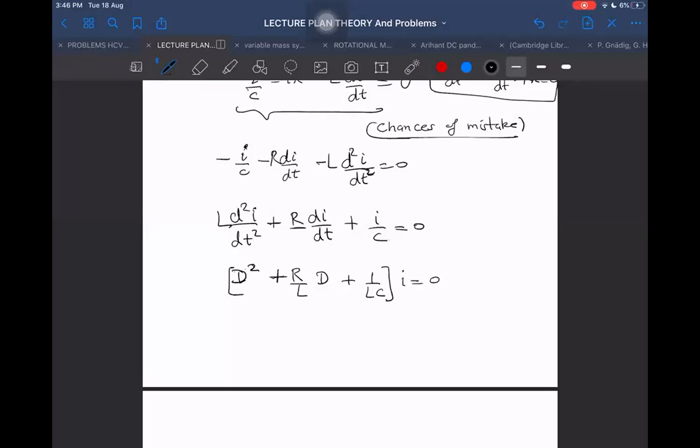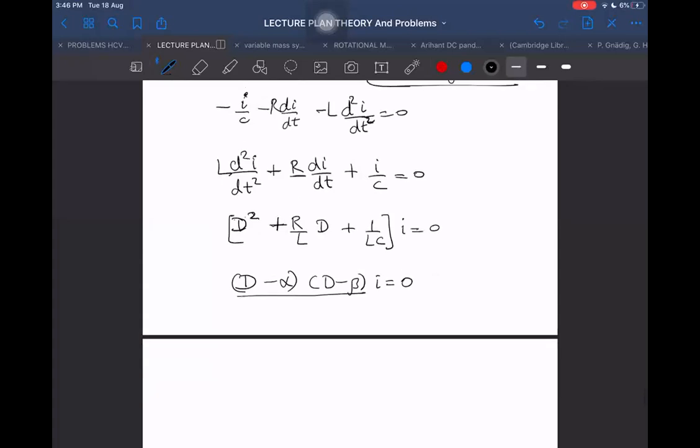Then take it like a quadratic in D. If it is a quadratic in D, then I can find the roots of the quadratic equation. I can write those roots as alpha and beta: D minus alpha into D minus beta into I is equal to 0. This is a way to convert a second order differential equation into a first order differential equation, which will be simple. So alpha and beta you can find from here.